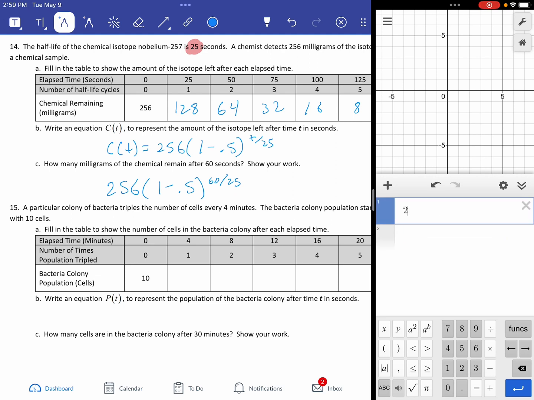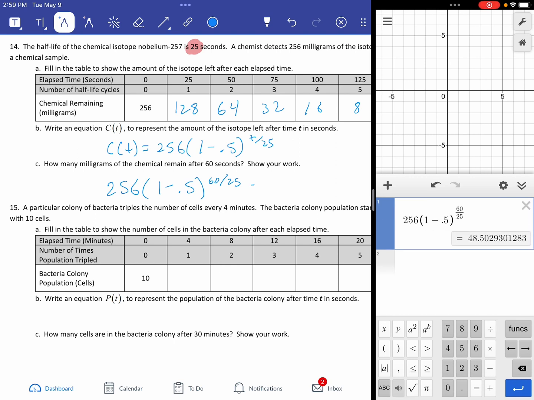We have 256, 1 minus 0.5 to the 60 divided by 25.